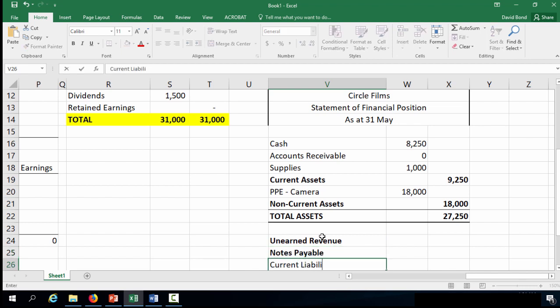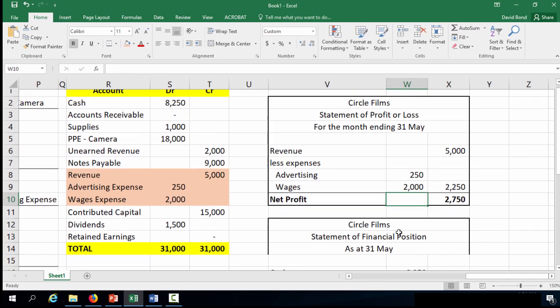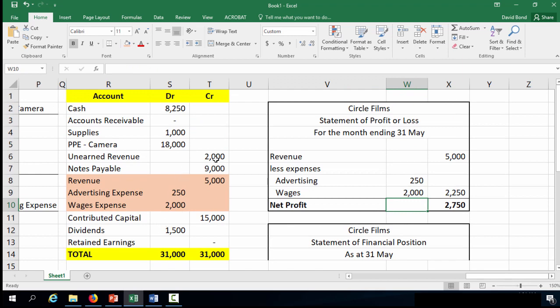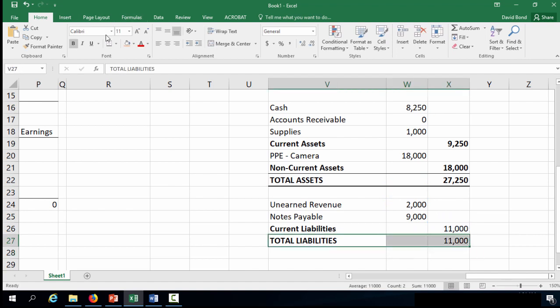Current liabilities. Total liabilities. We've got 2,000, 9,000, for 11,000.